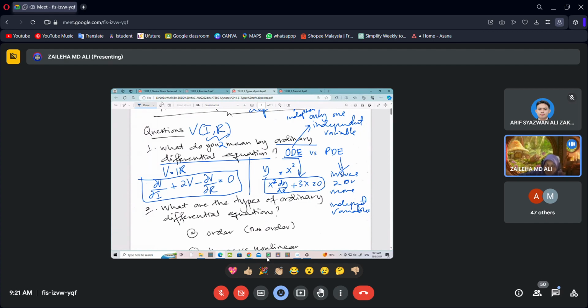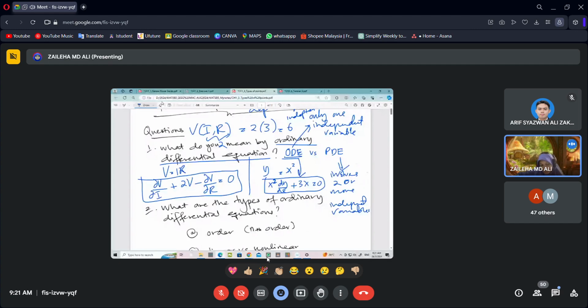Kenapa? Bergantung kepada current tu berapa nilai dia, resistance tu berapa nilai dia, itulah nilai voltage. Kalau current kita 2, resistance kita 3, nilai voltage kita jadi 6. So bergantung kepada nilai current and resistance, voltage kita akan berubah. So that's why here we have two independent variables.